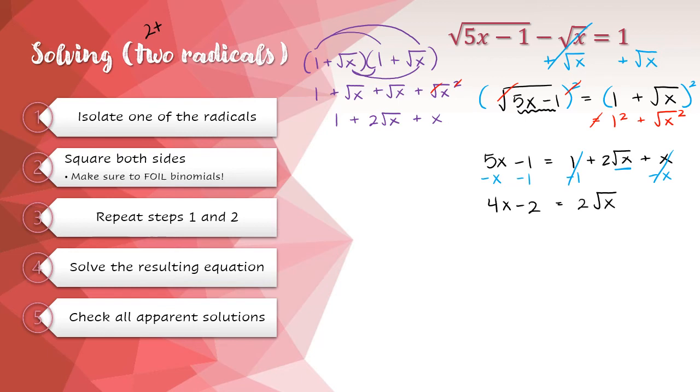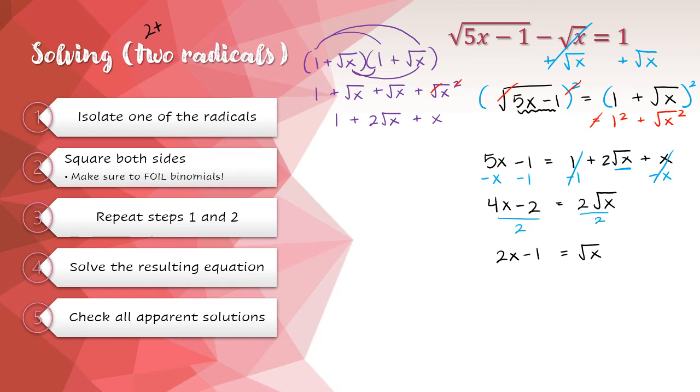So right now on the right-hand side, the radical is not technically isolated. It's still being multiplied by 2. I certainly can continue and isolate, that is dividing both sides of the equation by 2. And we would get what? 2x minus 1 is equal to the square root of x.